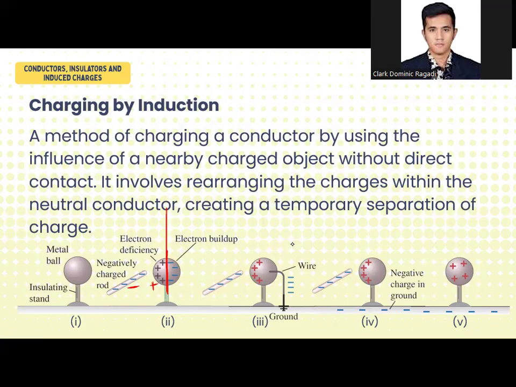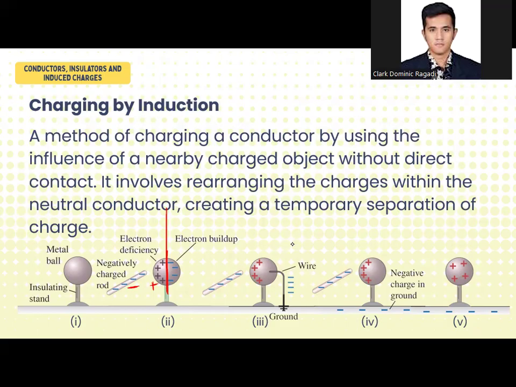And then once you put a wire, the electrons will travel to the ground. Ground is just a place with low electrical resistance. If the electrical resistance is low, the electrons would prefer to go there.